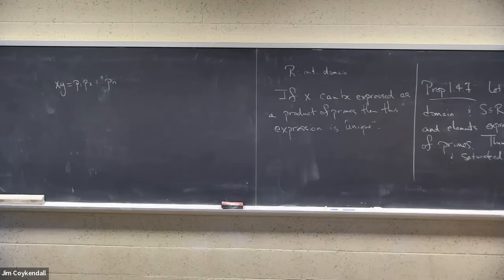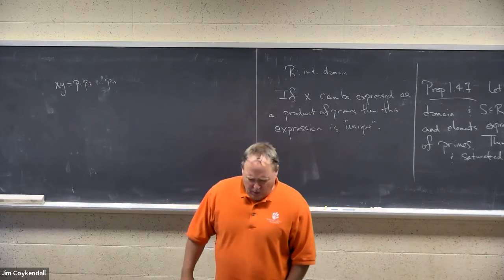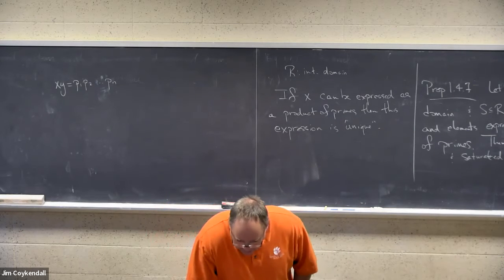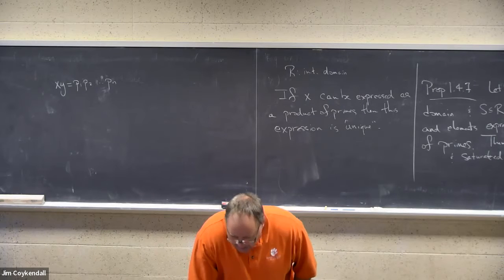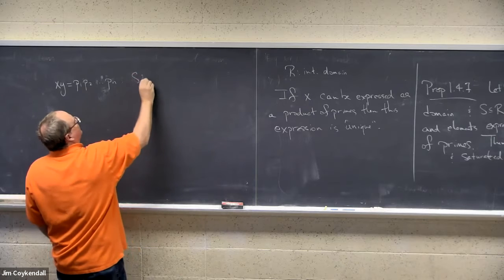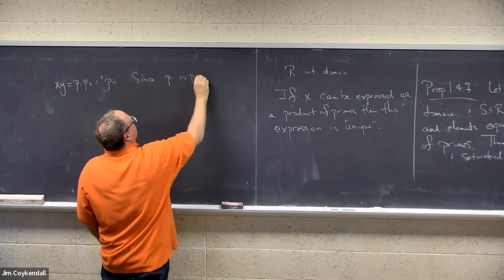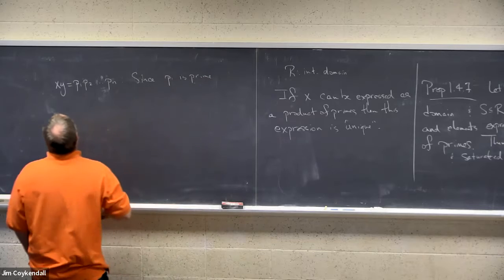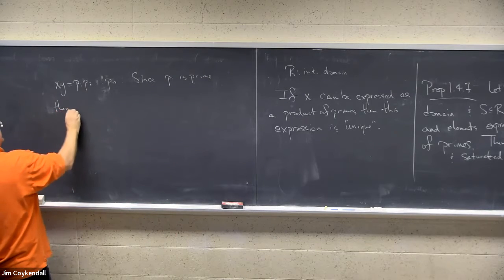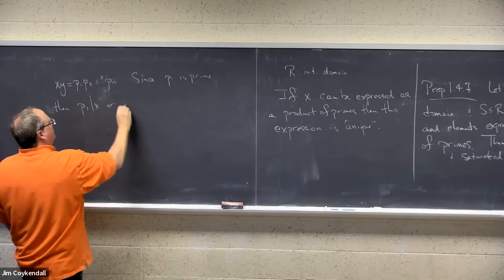I don't have to worry about it being a unit anymore; I've already taken care of that. And what I want to do is proceed inductively as follows. Since P1 is prime, then P1 divides X or P1 divides Y.